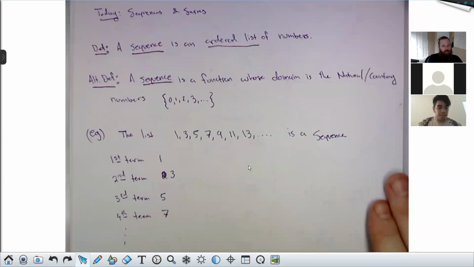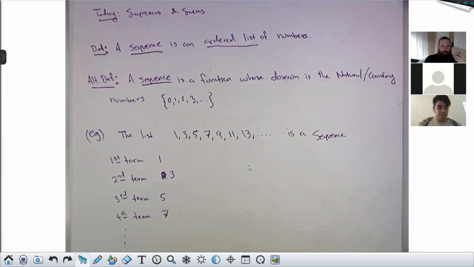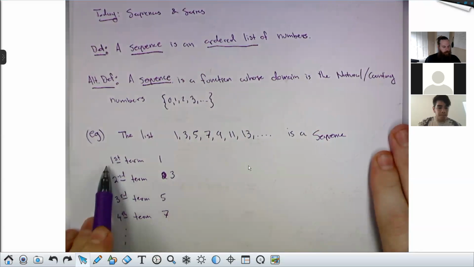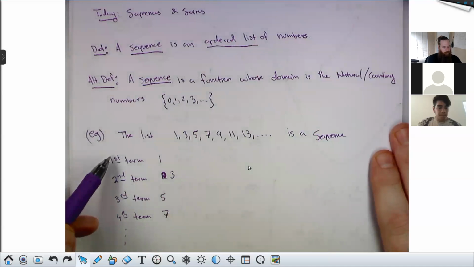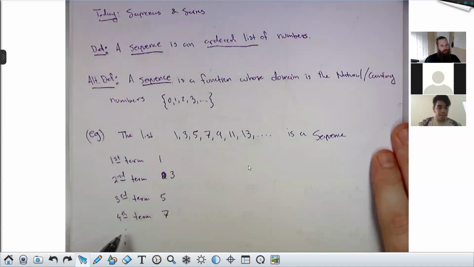And I hope that you can see the sense in which this really does define a function. The input 1 goes to 1, the input 2 goes to 3, the input 3 goes to 5, the input 4 goes to 7. So the place you are in the list, first place, second, third, fourth, fifth, is the input.